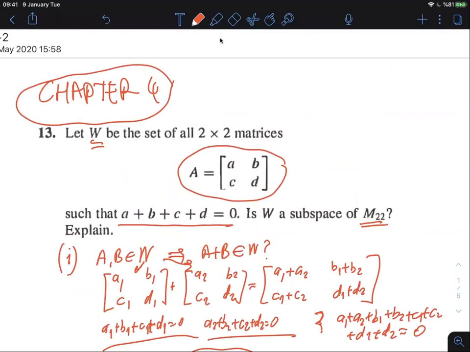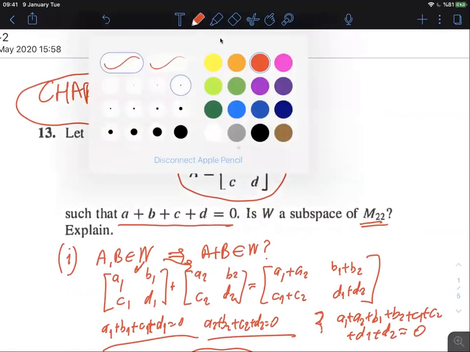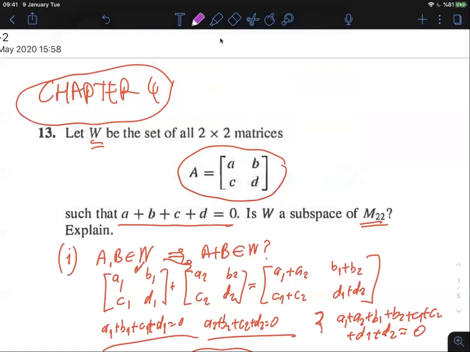Okay, so any questions here? So if we played with the question, this number 0 is special. So if we made it 1, what do you think? Is W still a subspace of M22?